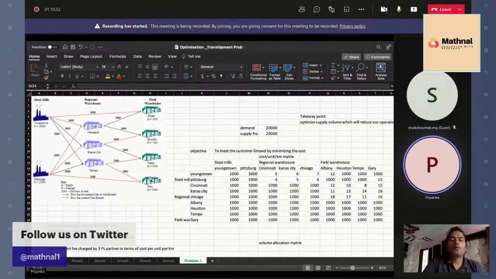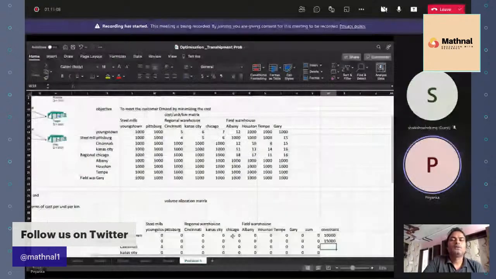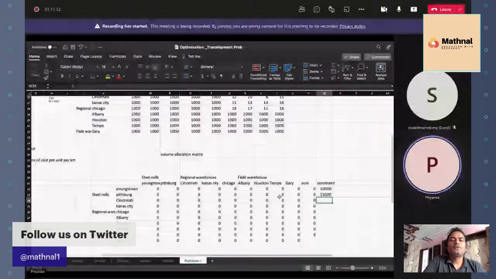No. So if they're not dispatching anything, what should the dispatch volume be in terms of number? 0. So put 0 in the constraint box for the last 4 warehouses: Albany, Houston, Tempe, and Gary.